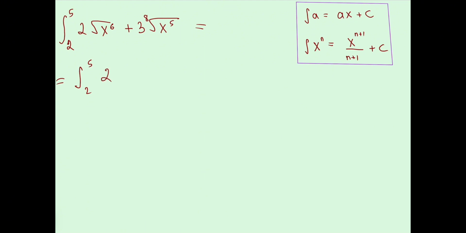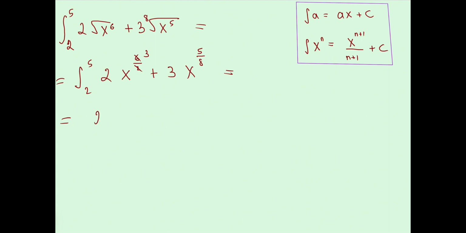So we have the square root of x to the 6th power, which could be rewritten as 6 over 2, plus 3 times x to the 5 over 8 power. Now this could be simplified and become 3. Now we could start integrating.